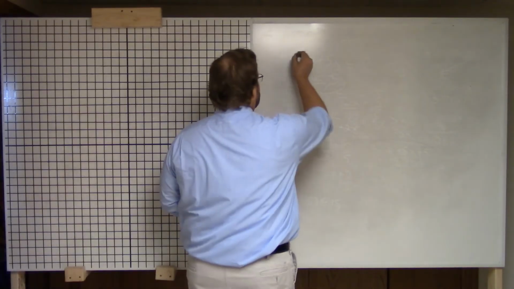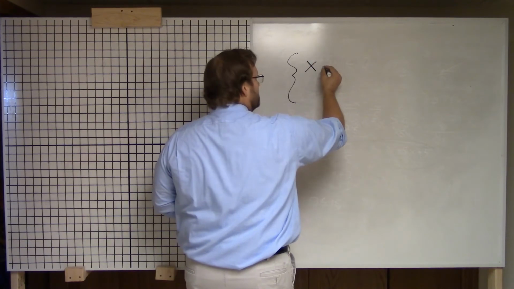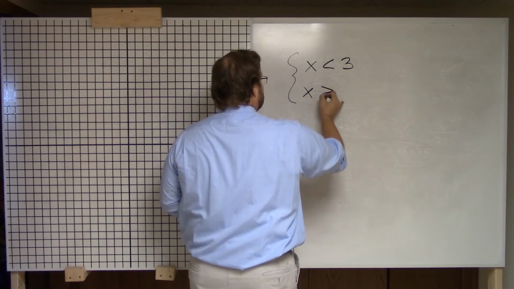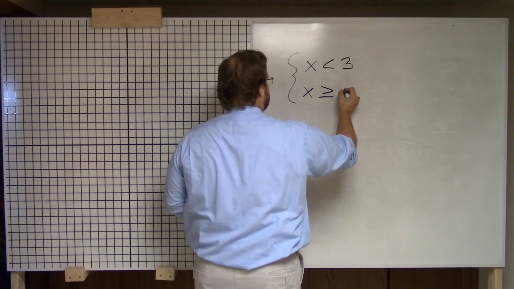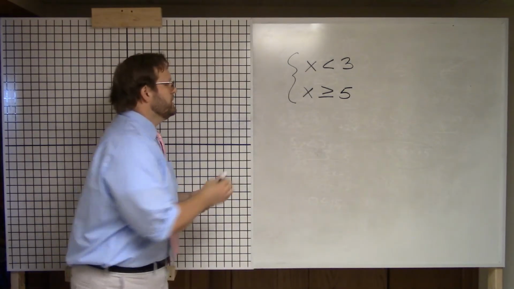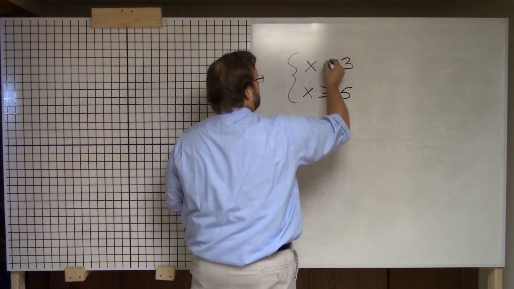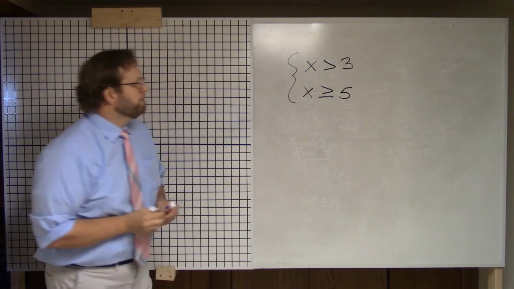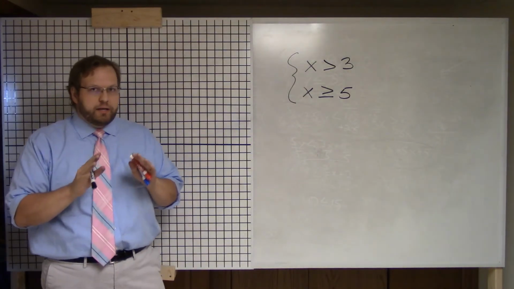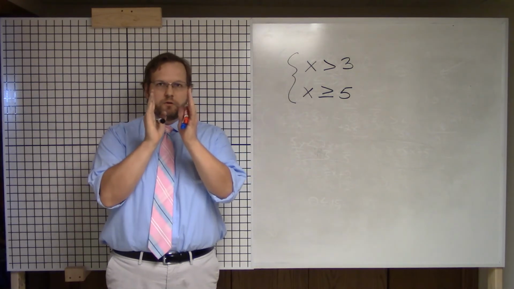Let's say we have something like this. Let's go with that. Now, we should look at that and right away recognize these are vertical lines.